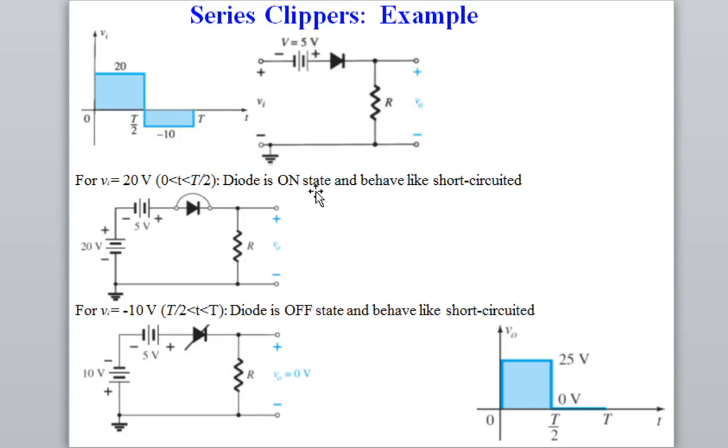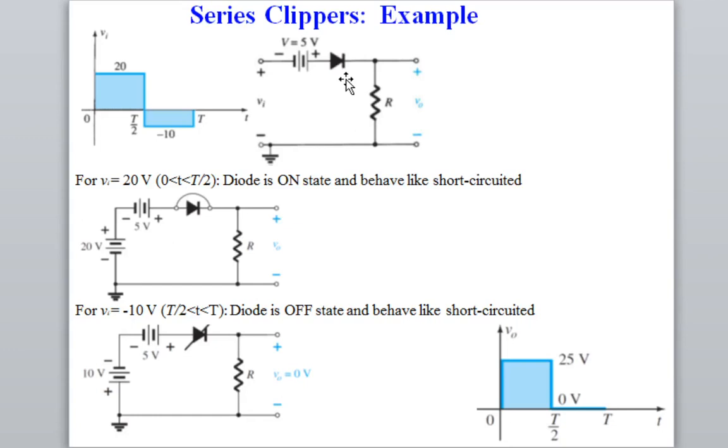But if you go in reverse bias, when for T half to T minus 10 volt is given, this power supply will go minus 10, minus to plus, and this is plus, this will remain plus to minus. So before the diode goes in reverse bias, the diode has to change the polarity, it has to go in transition state.